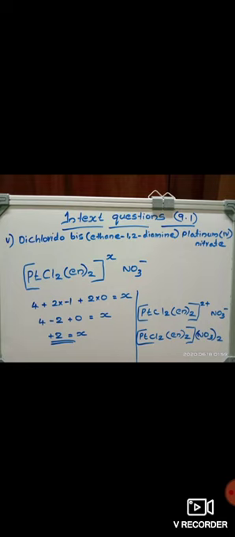X is equal to +2 by this calculation. So the final answer will become [PtCl2(en)2](NO3)2. Crisscrossing, nitrate will get 2 times.